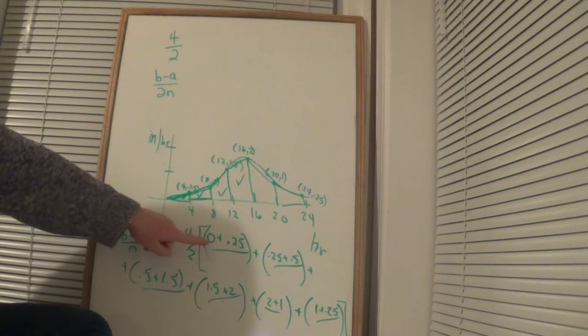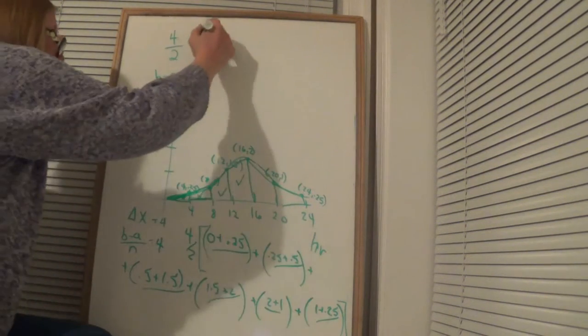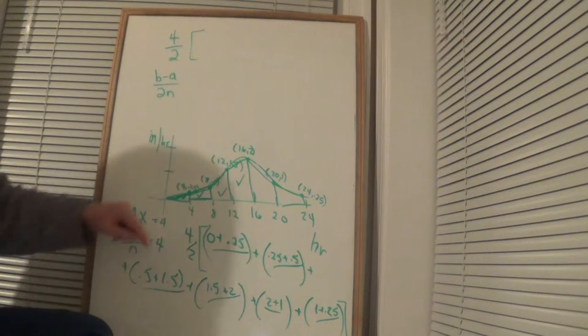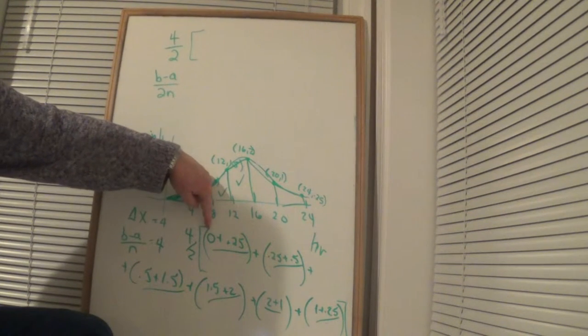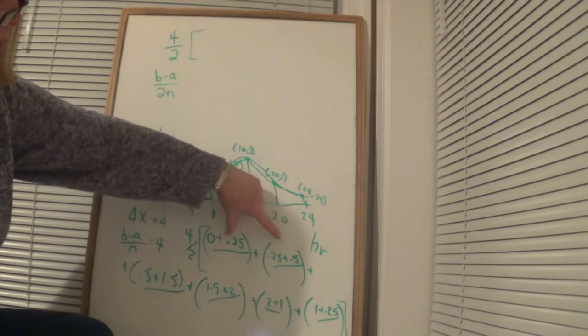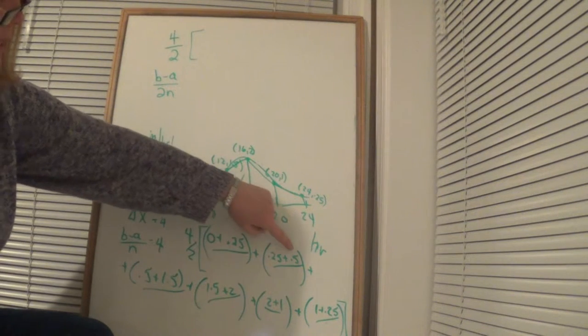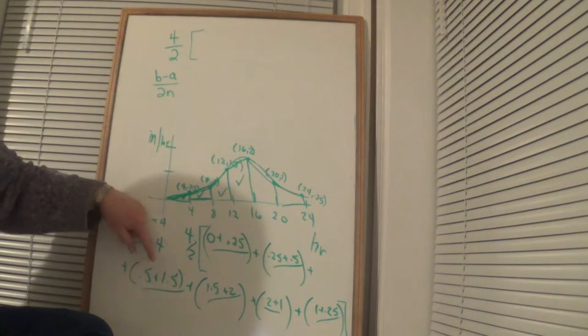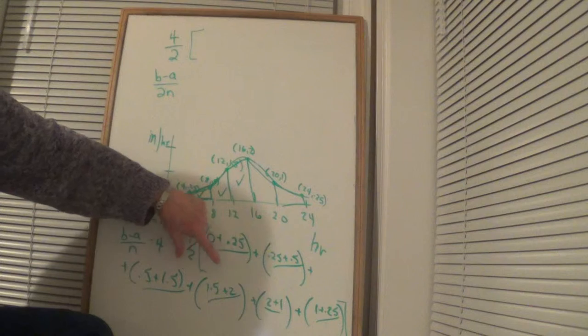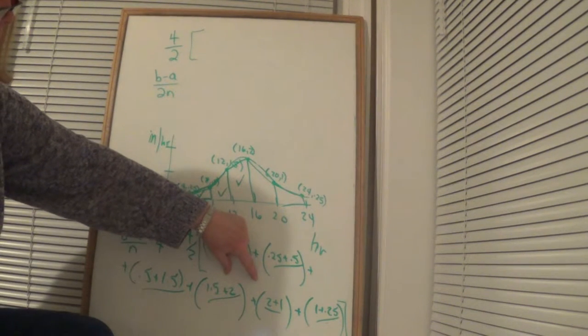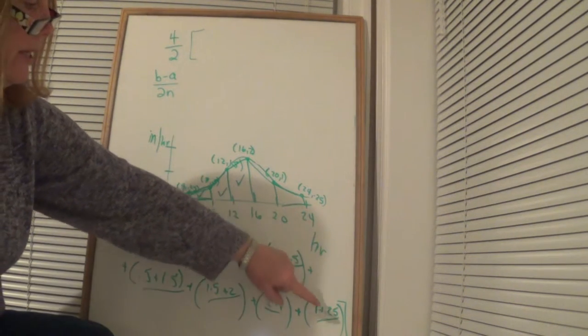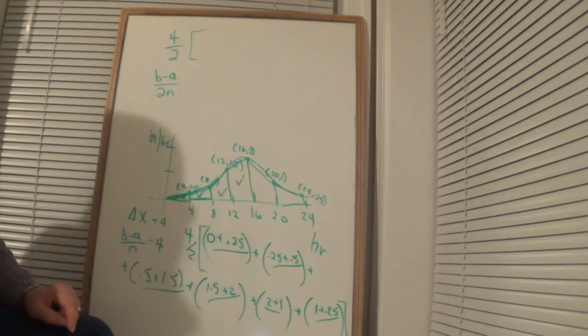So now I have another observation here. Notice the 0 appears once in the list, but the 0.25 appears twice, and the 0.5 appears twice, and the 1.5 appears twice, and the 2 appears twice, the 1 appears twice, and the 0.25 appears once.